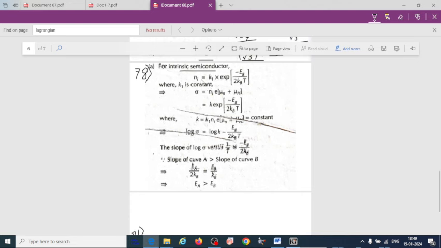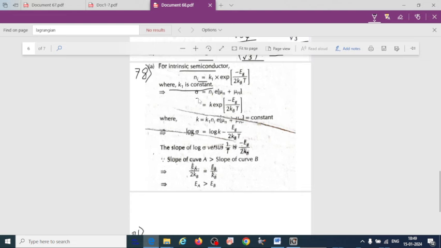For intrinsic semiconductors, the carrier concentration we can write as Ni is equal to K into exponential minus Eg, the energy gap, divided by 2 kB T, where K is a constant.